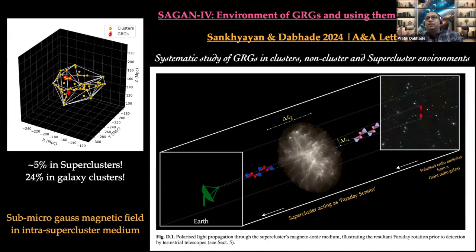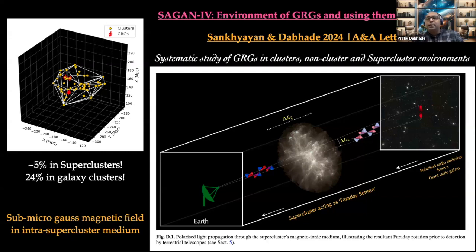We took the supercluster catalog and our giant GRG catalog, and started locating them spatially inside superclusters. Within superclusters, there are also individual galaxy clusters. So we studied them inside galaxy clusters, outside galaxy clusters, and inside a supercluster, and accurately quantified what fraction of them are in superclusters and what fraction are in non-supercluster and non-galaxy cluster environments.